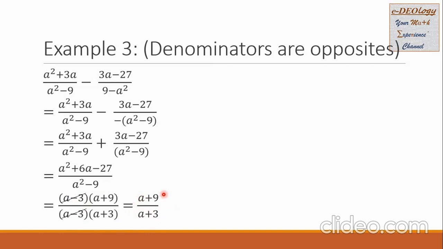Also, can we cancel the 9 with the 3? The answer is, we cannot remove a term from a sum. The a and the 9 here are part of the sum, along with the a plus the 3 in the denominator. They are grouped together as a sum. So we cannot cancel that. So this is our final answer.